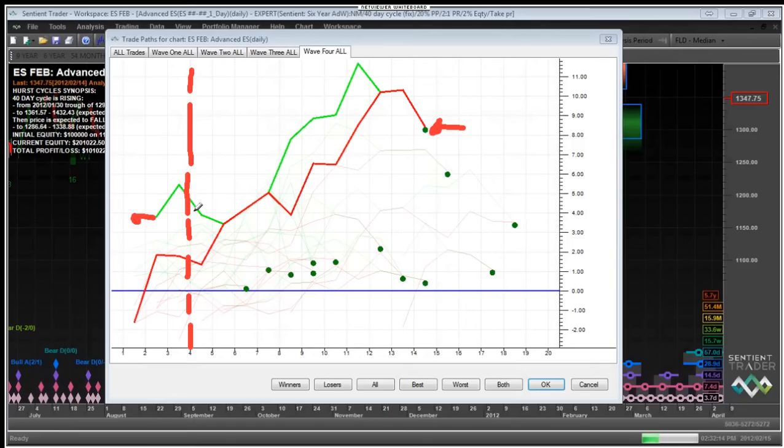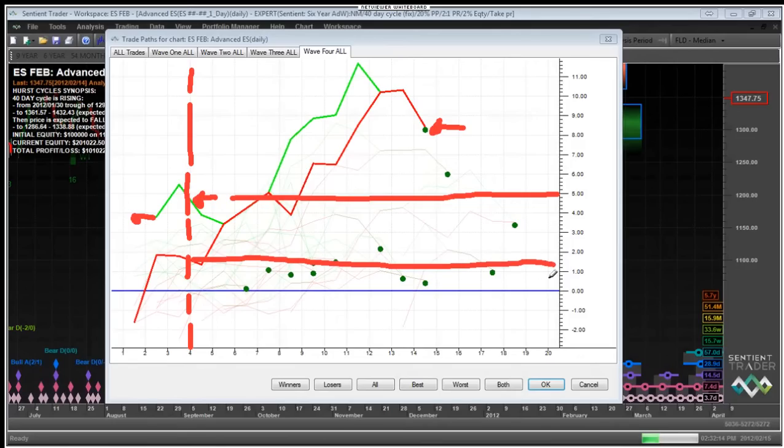Okay, if we go back to bar number 4, for instance, here's bar number 4. Then during that bar, and this is a daily chart, so during that bar we reached a total level, as you can see if you bring it back to the price chart, we reached a level of 5% profit.